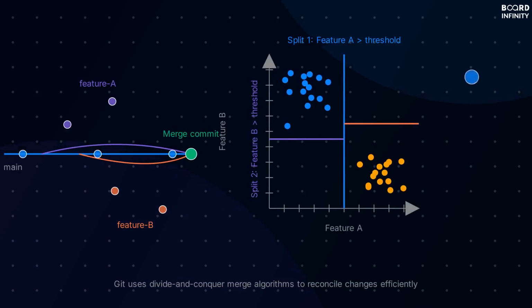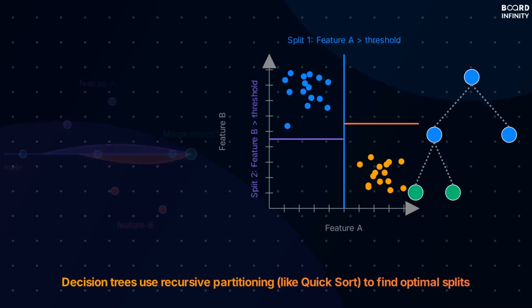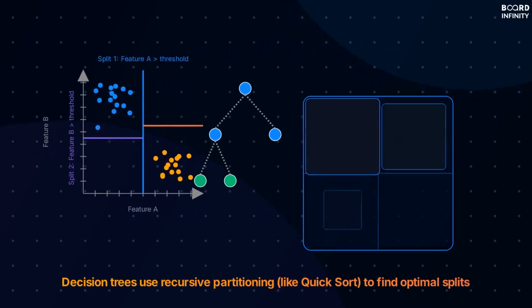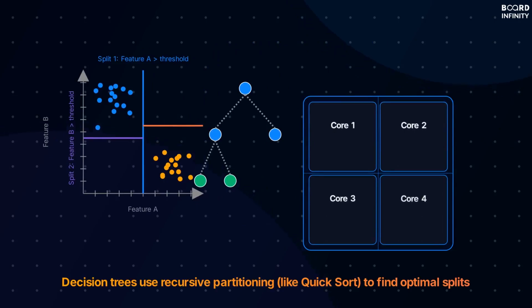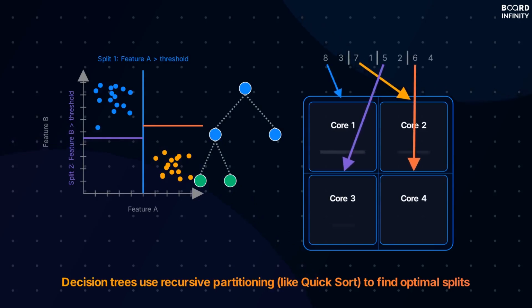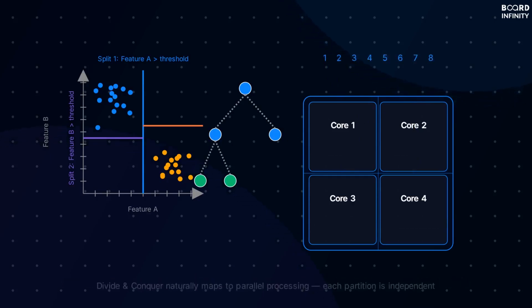When a machine learning model splits data to find the best decision boundary, it's using the same recursive partitioning logic as quicksort. And when you run a program on a multi-core processor, the operating system can distribute divide and conquer tasks across cores in parallel because each partition is independent.